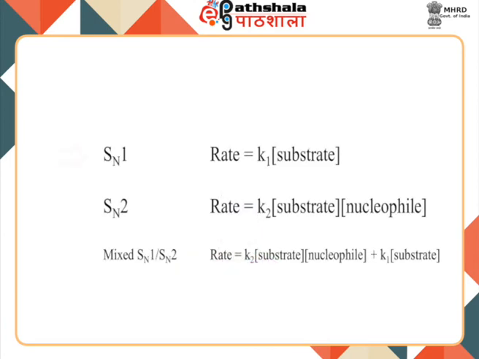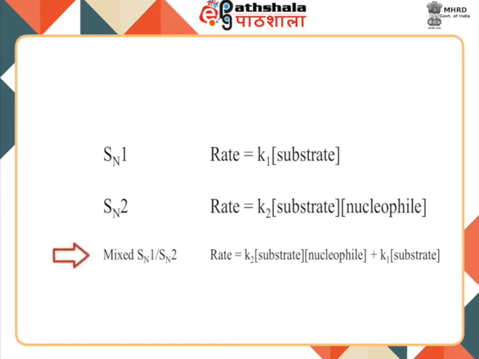First, let us study the concentration of the nucleophile. The rate laws for SN1, SN2 and mixed SN1, SN2 reactions are as follows. For SN1, rate equals k1 times the concentration of substrate. For SN2, rate equals k2 times the concentration of substrate multiplied by the concentration of nucleophile.